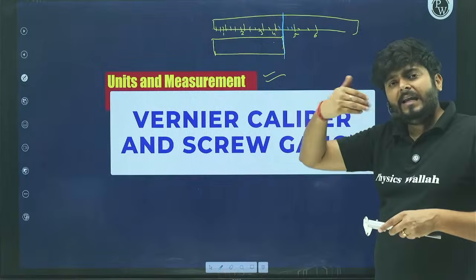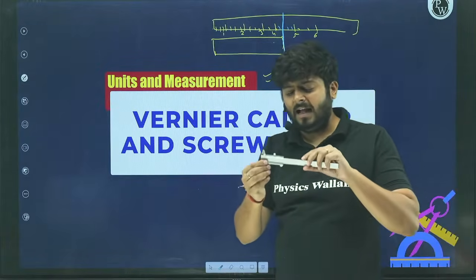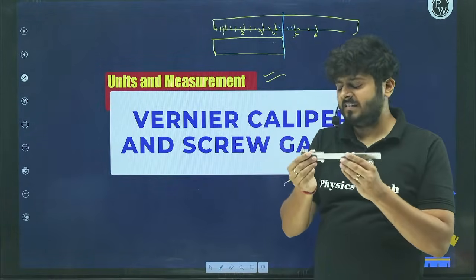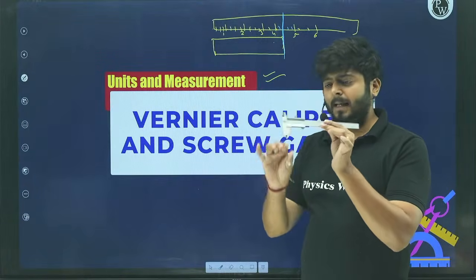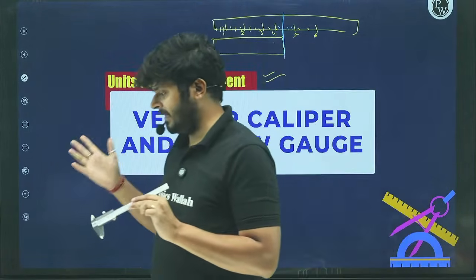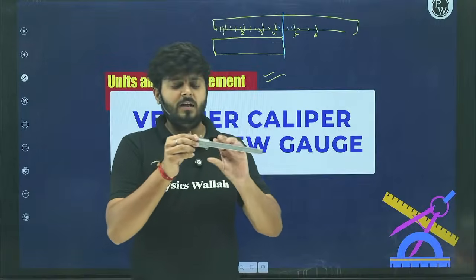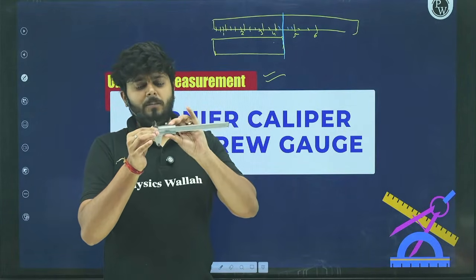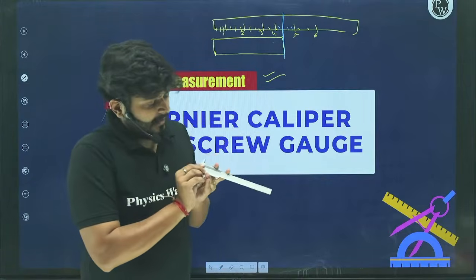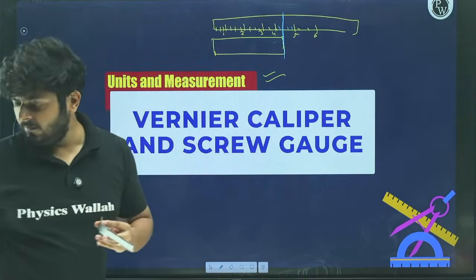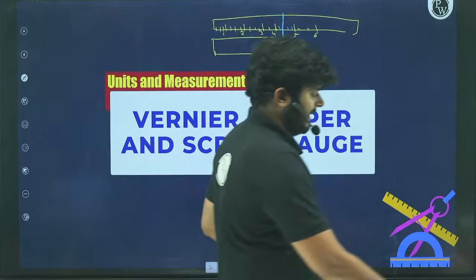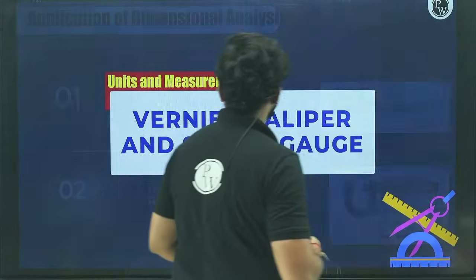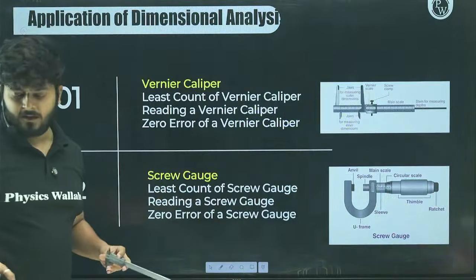We can achieve that by having 2 different scales. Now understand that this is called a Vernier caliper. I also had a screw gauge, but I guess I have lost it somewhere. So here it is. You see that in a screw gauge, we have 2 different parts. I believe it is not very visible to you, but with the help of an image and this real measuring tool, I can show you. So here it is.